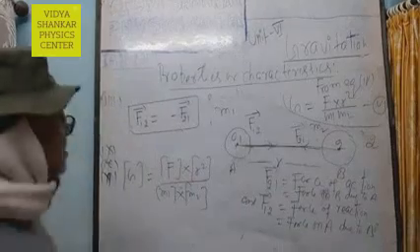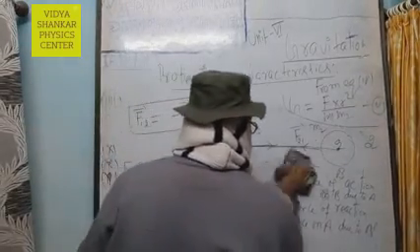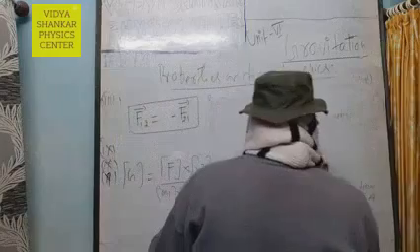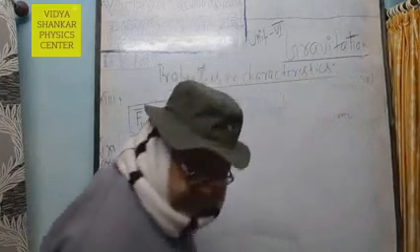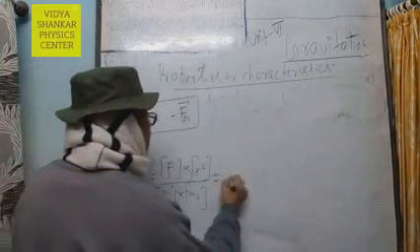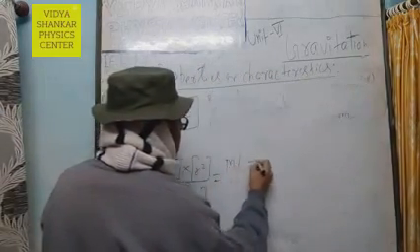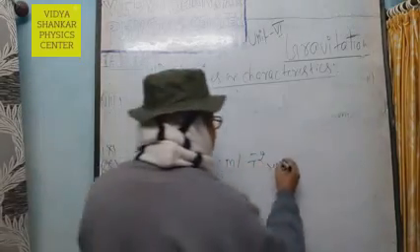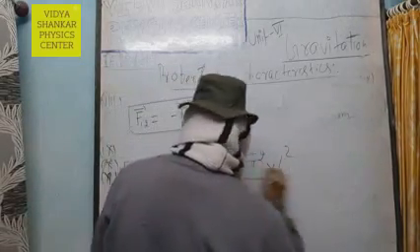Dimension of capital G is the dimension of capital F, and the dimension of force is MLT minus 2. R square is L square.